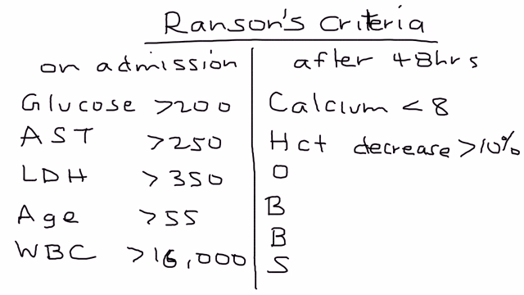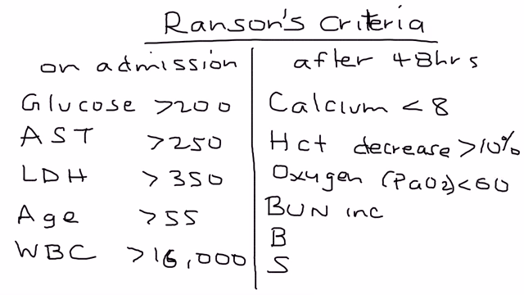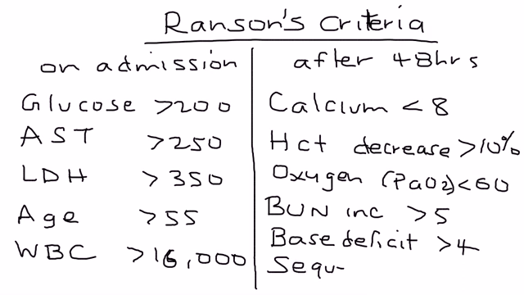The O is for oxygen, in particular the PaO2 of less than 60. A BUN increase of greater than 5. A base deficit of greater than 4. And finally, sequestration of fluids of greater than 6 liters.